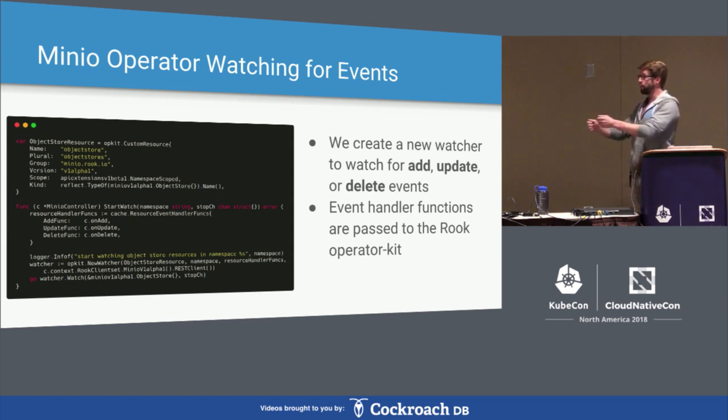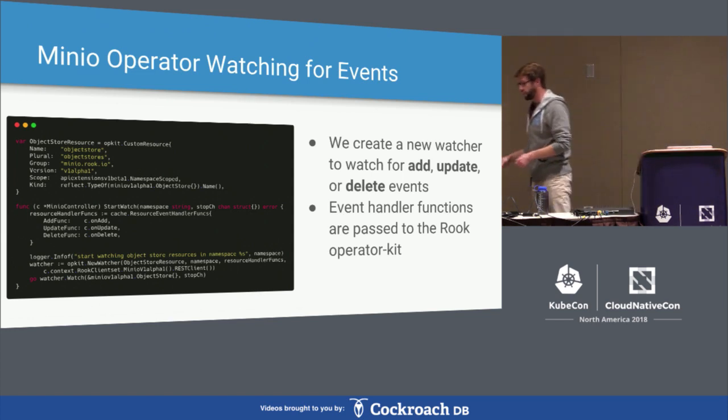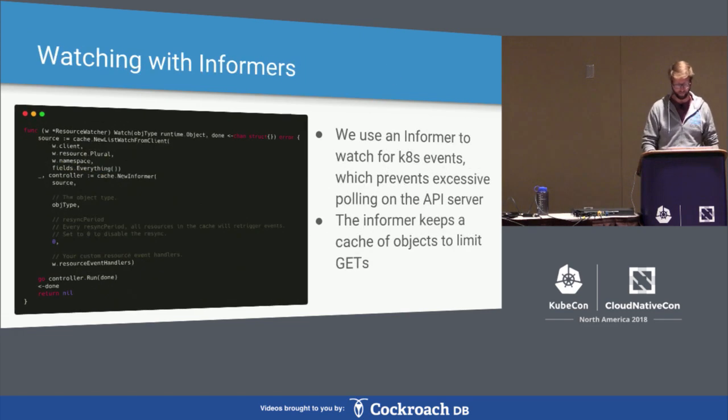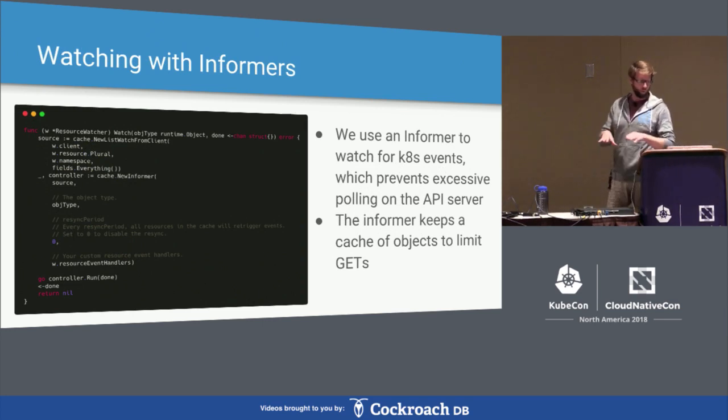If we were to sit there and say, hey, do you have any changes? Do you have any changes? Do you have any changes over and over again, that would be a dumb use of resources of the Kubernetes API server. So this does it in an intelligent way where it'll get events. It's more of a push model: when somebody's created an object storage CRD with the Kubernetes API server, we'll just get an event. And this gets into a little bit more of those details of using an informer and a cache underneath that does it in a smart way, getting information from the API server without excessively doing a bunch of gets.